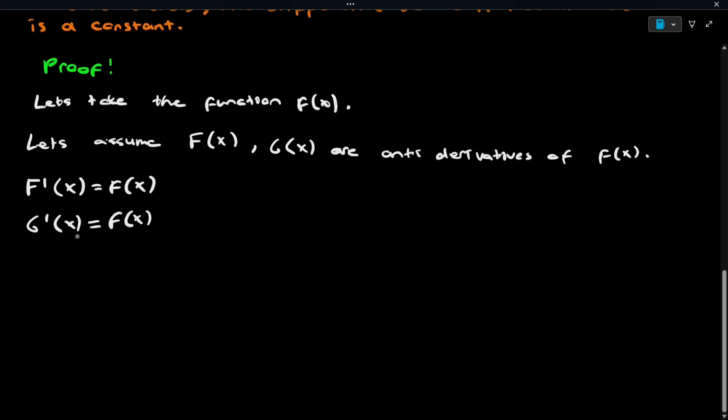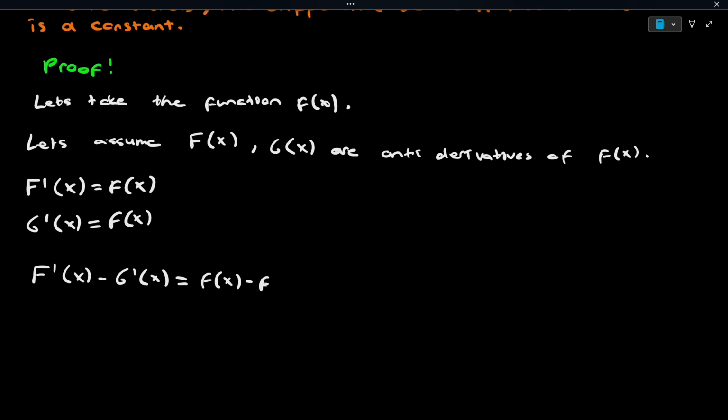Now what I want to do is subtract these two derivatives. F prime of x minus G prime of x is equal to f of x minus f of x, which will be equal to 0. F prime of x minus G prime of x will be equal to 0.